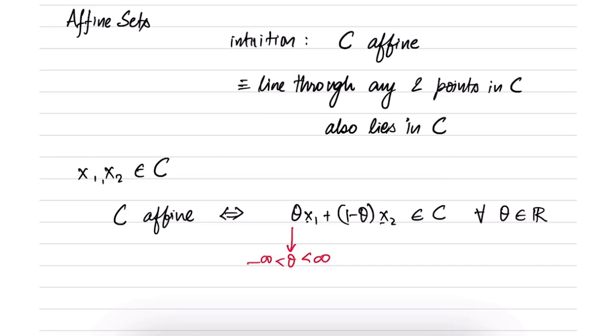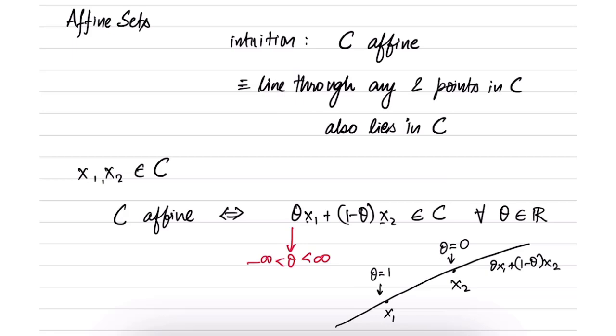So if you visualize this thing in n-dimensional space, this is the line that passes through them, and this line is described by theta x1 plus 1 minus theta x2, where let's say this is x1, this is x2. Note that when theta is equal to 0, we have this point. So theta equal to 0 corresponds to this point. Likewise, theta equal to 1 corresponds to this point.